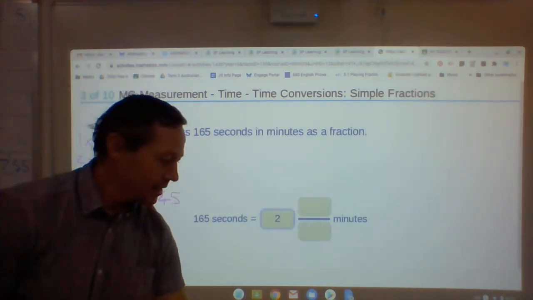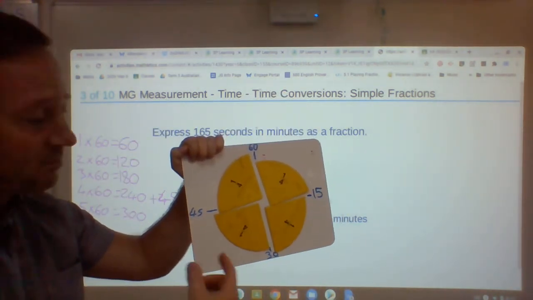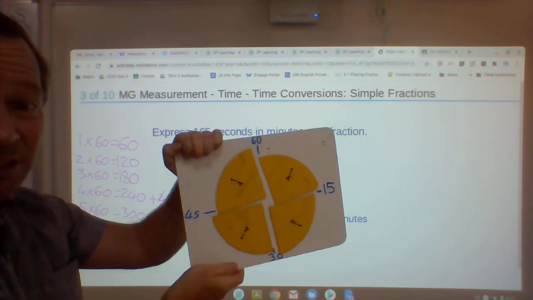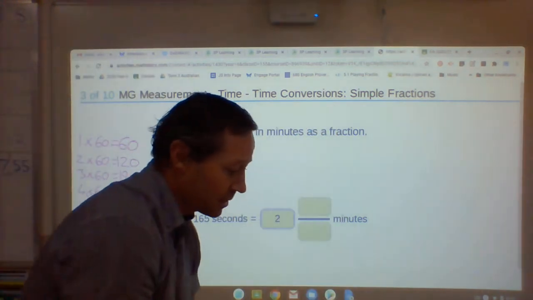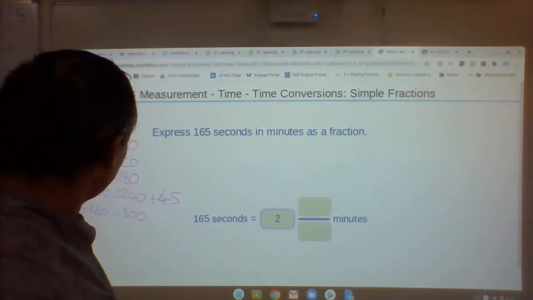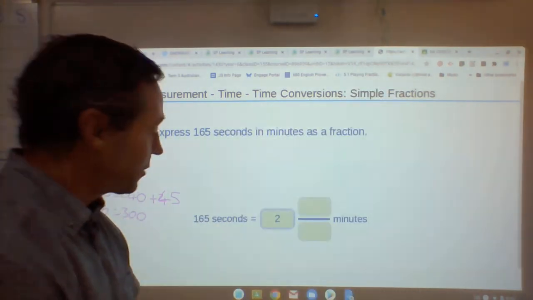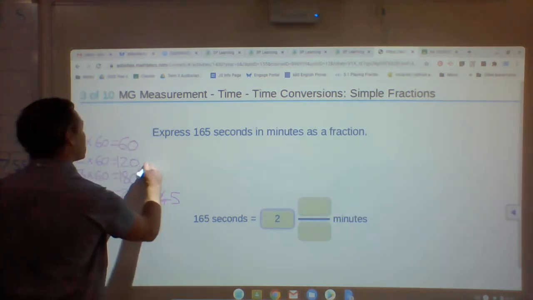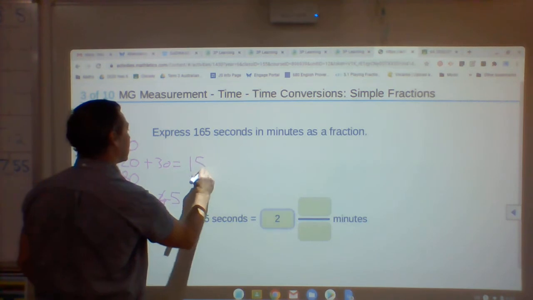And then I might come back here and I might use this. If you know this, you'll be fine. If you don't, just maybe jot that down. Use this to help you. So if it's 120, maybe if one got halfway around is 30, if I add 30 to that, 120 plus 30, that gives me 150.